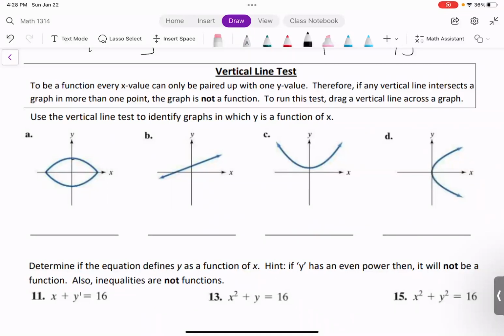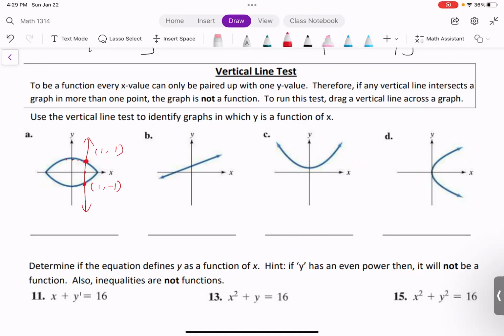Why? Let's draw a vertical line here. For example, I have two intersects. So tell me, for example, this point is (1, 1) and this point is (1, -1). Because for this point, the x value is here, the y value is here.